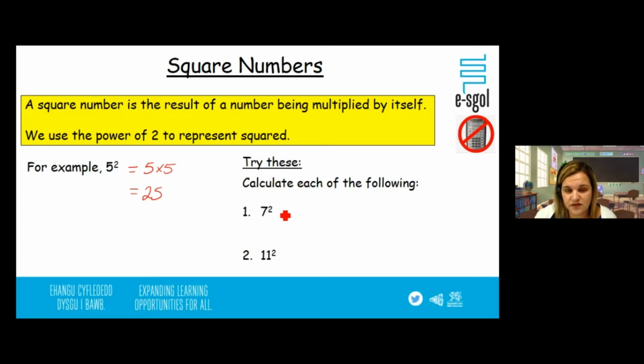Okay, so 7 squared means 7 multiplied by 7, giving you an answer of 49. It's exactly the same idea with the next one, 11 squared: 11 multiplied by 11 is 121.